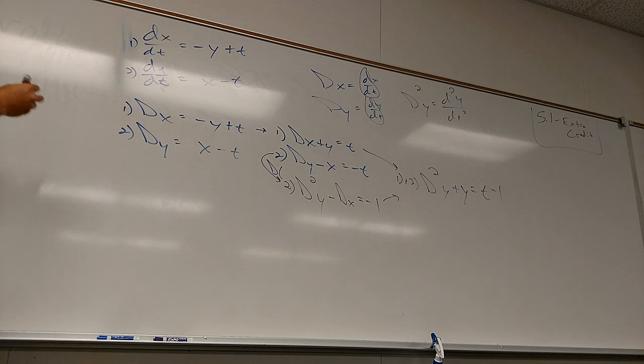What would that look like in the way that we've been writing it forever? That would look like d squared y dt squared plus y equals t minus 1.